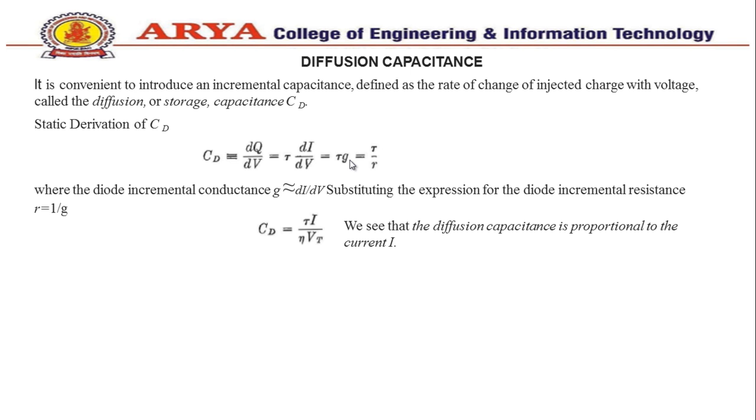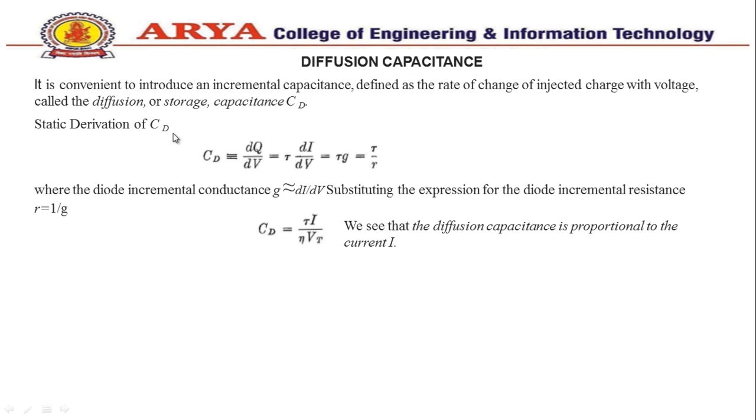So substituting the expression for diode incremental resistance r equal to 1 by G, we can write CD equal to tau I upon eta Vt. Hence we see that the diffusion capacitance is proportional to the current I. In the derivation we assume that the diode current I is due to holes only.